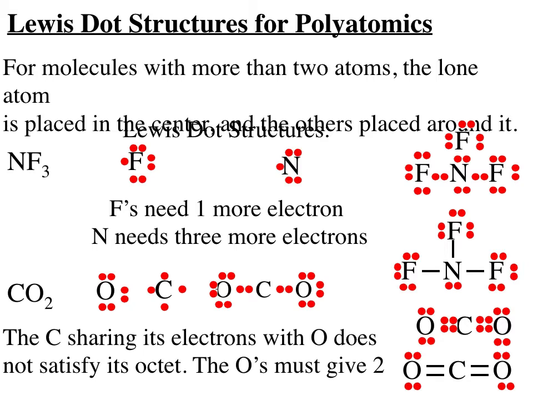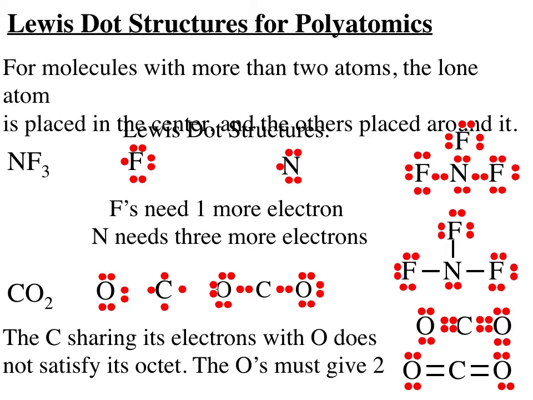Then let's look at the bottom example I show for a polyatomic molecule, and that would be carbon dioxide. Again, the idea is you put the carbon in the middle, you connect O's not consecutively to each other, but you connect one O to one side of the carbon and one O to the other. The next picture shows the valence electron structure of both carbon and oxygen.